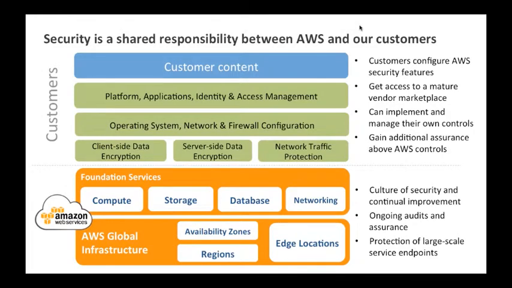So just to get started and give the overview of how we view security here at Amazon. We see security as a shared responsibility between AWS and our customers. And how we view that is ultimately, if you're in control of something, then you're responsible for securing that. What that ends up meaning for customers using services like EC2 is we at AWS are responsible for securing everything all the way up to the hypervisor.